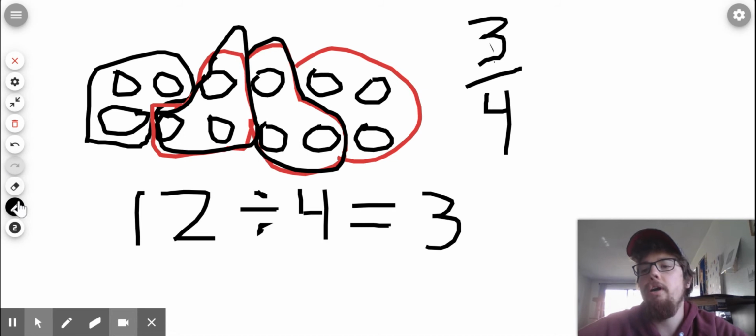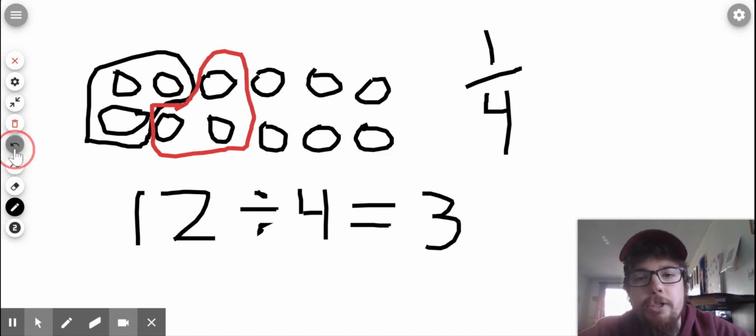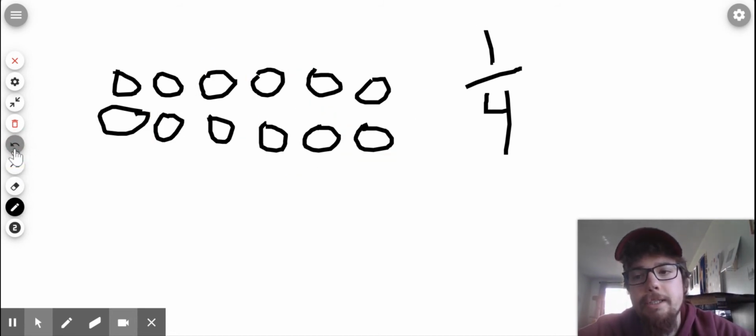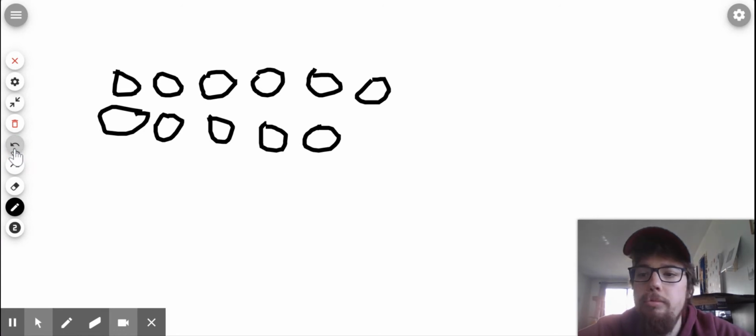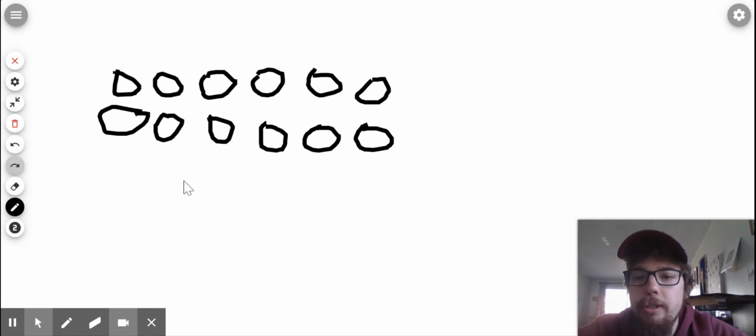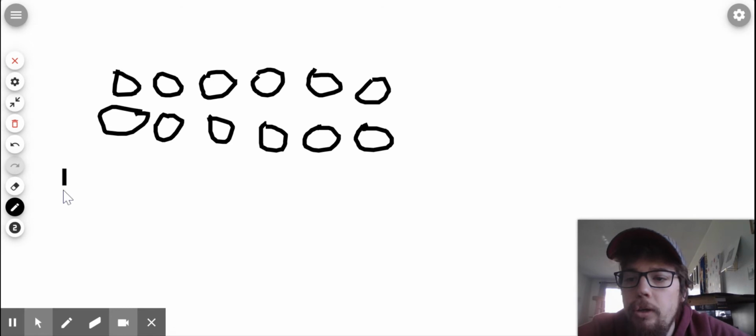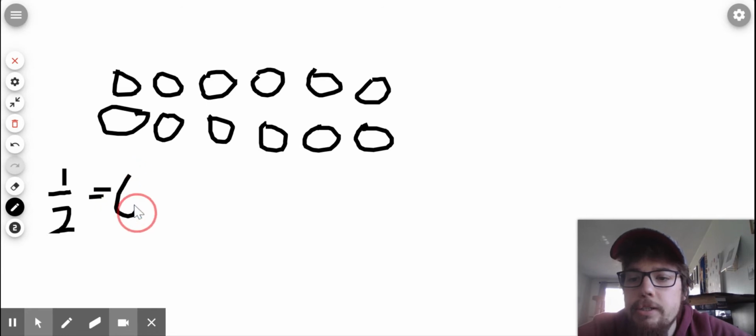Okay, so far we've shown a lot of different fractions just using 12. So let's keep a list going. Oop, 1 too many. Let's redo that last one. There we go. So we've shown 1/2 is 6 counters.